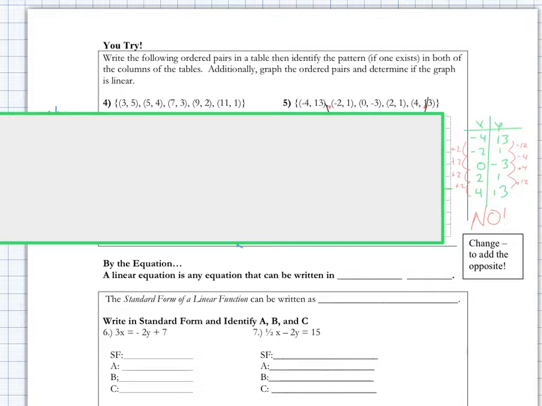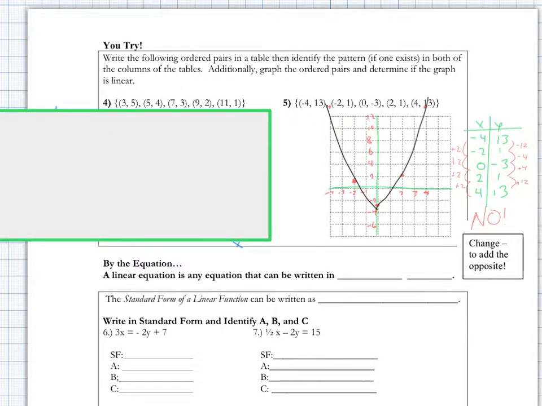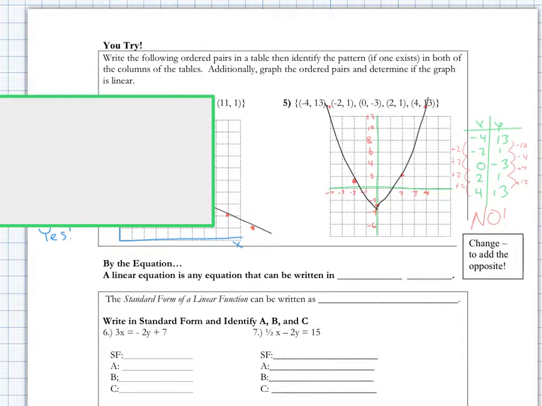Minus 12 is not the same as minus 4. Minus 4 is not the same as plus 4. Minus 12 is not the same as plus 12. So this is not a linear function, even though there is a pattern. You can see the pattern when you graph it, but again, this isn't linear. It's like a cup or something like that. So that's those two examples there.